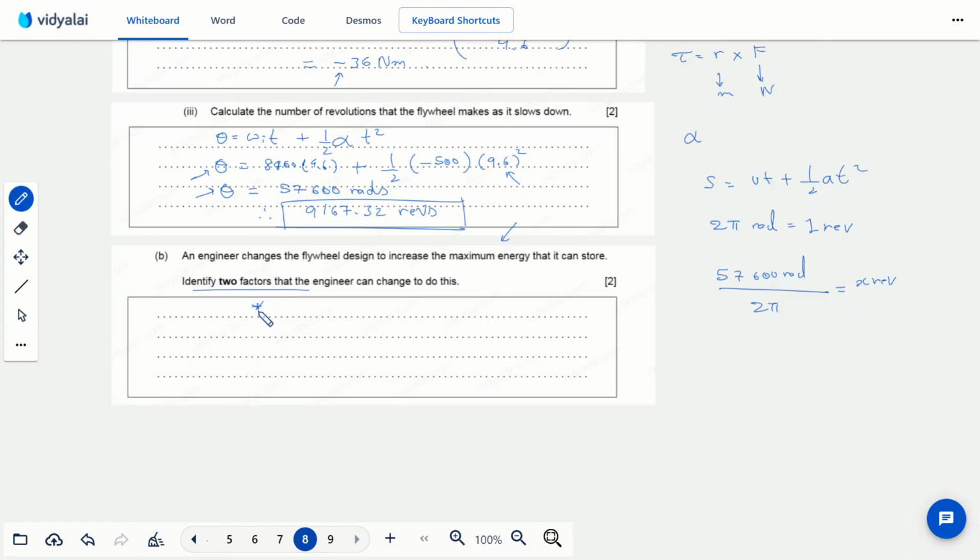We have mentioned by now three factors. One is by increasing omega, which is the angular velocity of this flywheel, and another is by increasing the mass so that it increases the moment of inertia I, and another way is to move the mass to the edges.